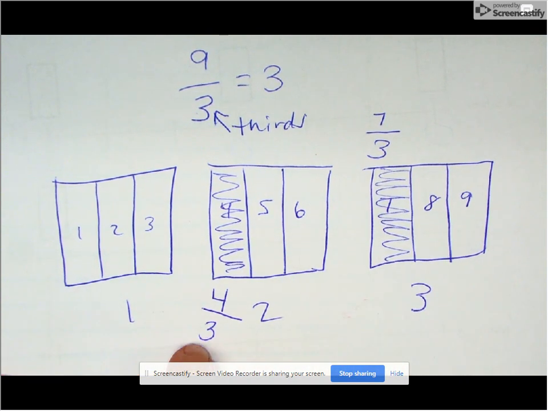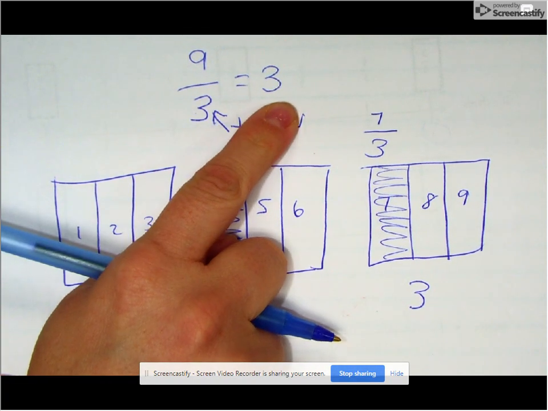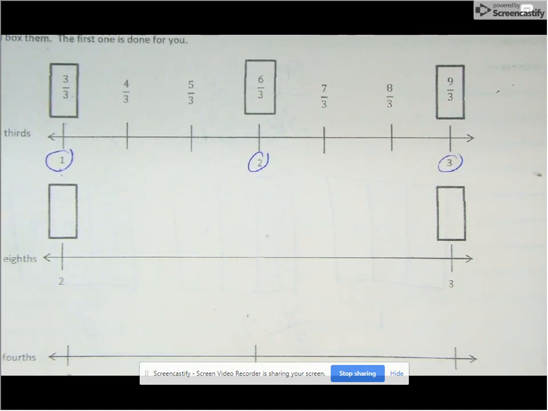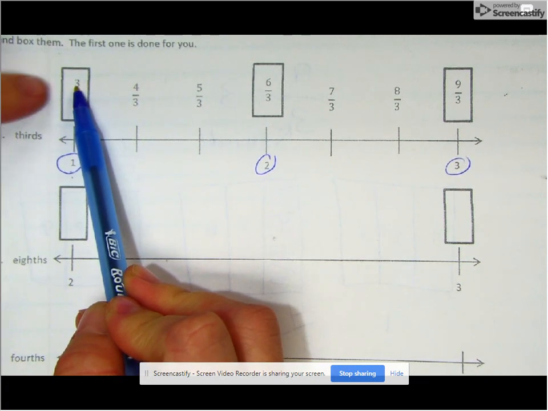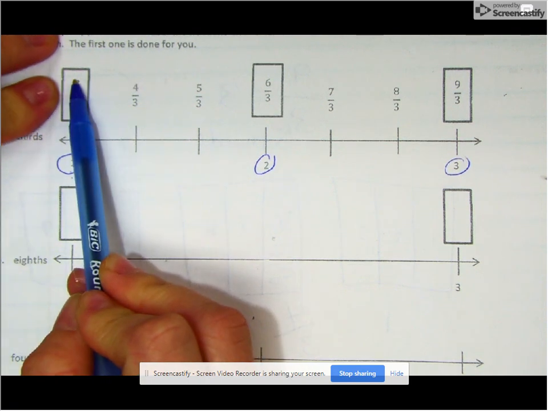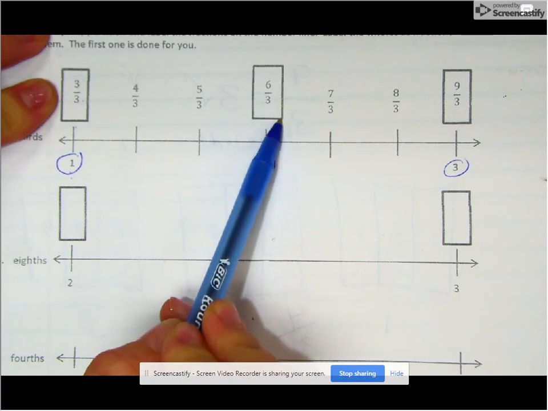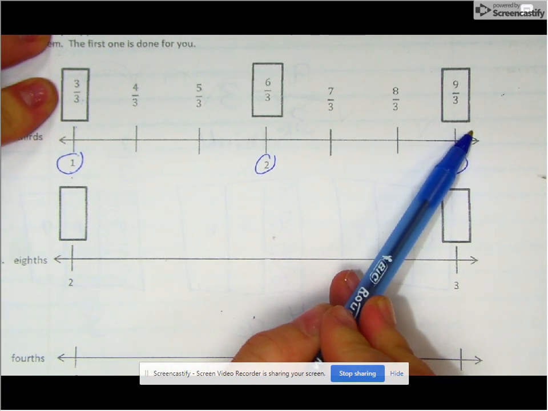So that would be 4/3. So that's just to show you how an improper fraction can represent a whole. So here they just took the numerator and they just jumped every time. 3/3, 4/3, 5/3, 6/3, 7/3, 8/3, 9/3.